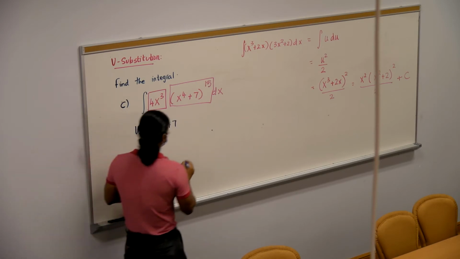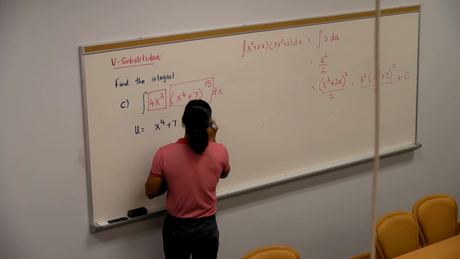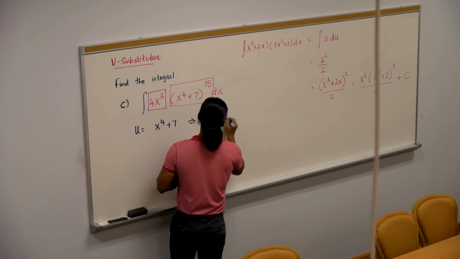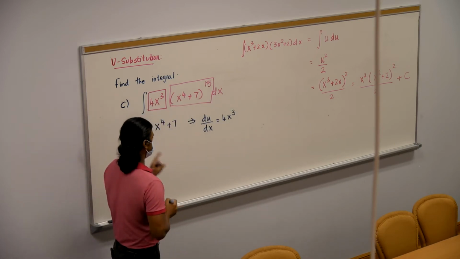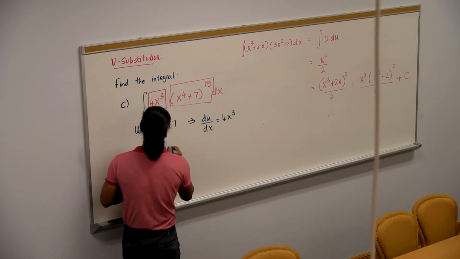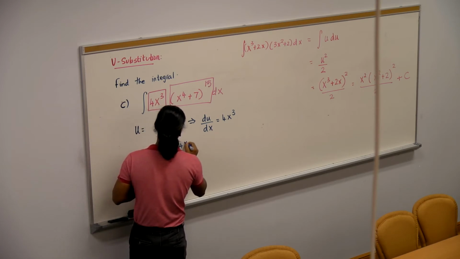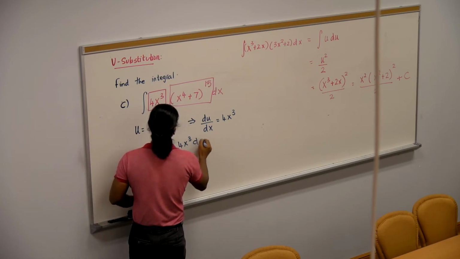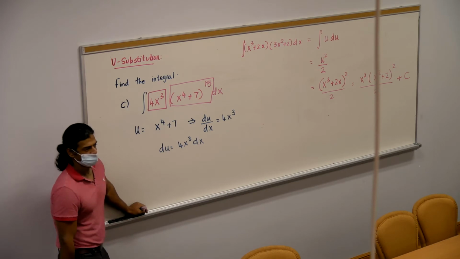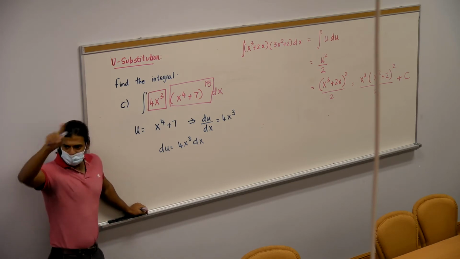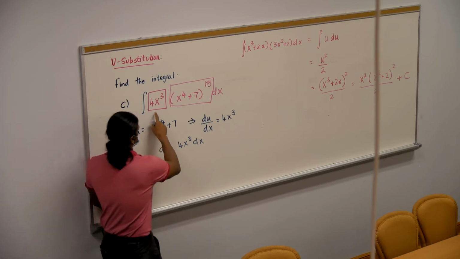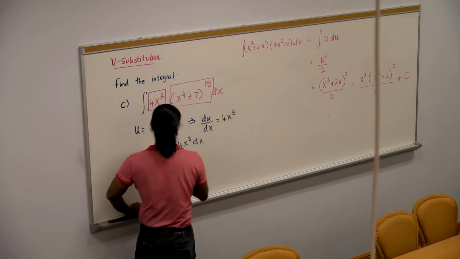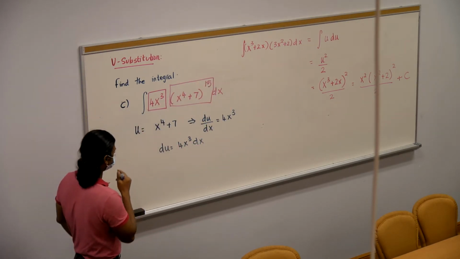which would imply du over dx is 4x cubed. Therefore, du would be 4x cubed multiplied by dx. And that is the remaining part of the integral. So I could replace 4x cubed times dx by du.